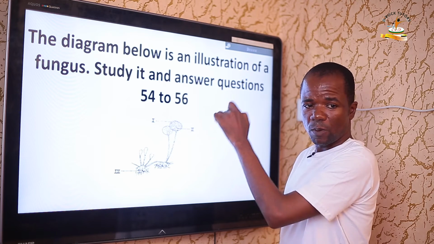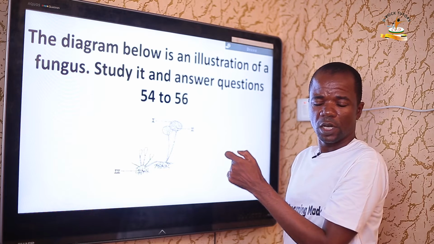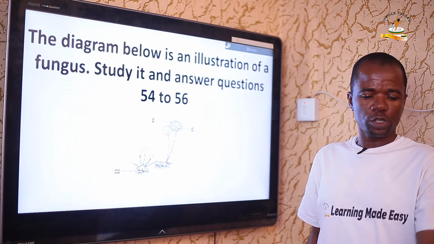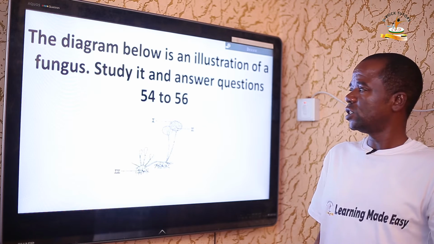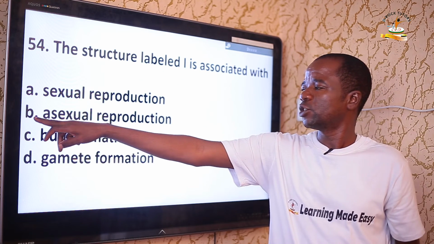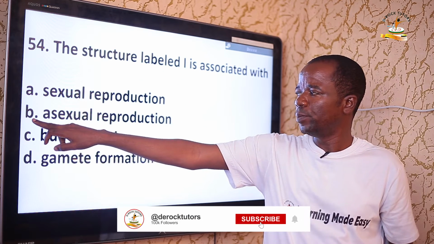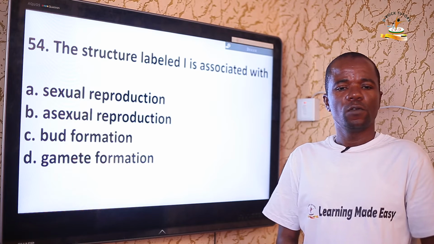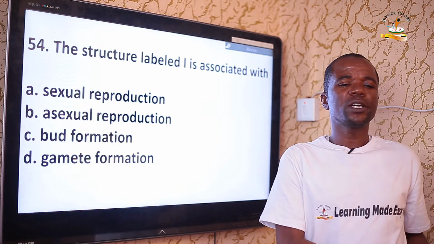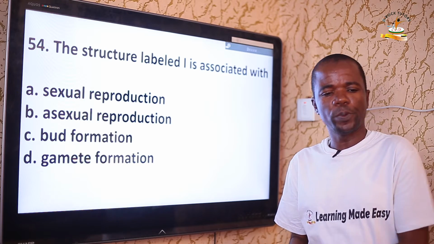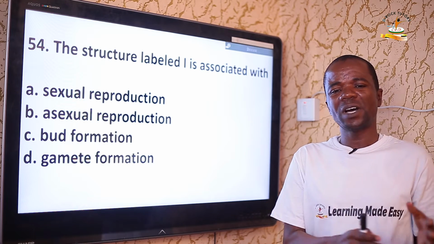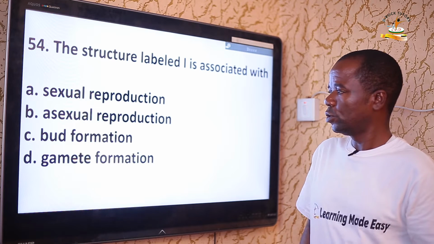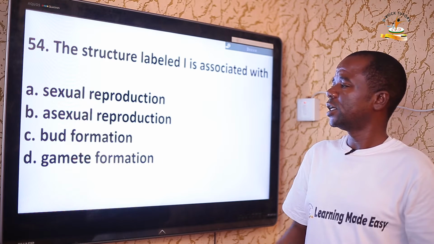And we know that sporangium houses the spores, and spores are concerned with asexual reproduction. So let's look at number 54 to see which option contains asexual reproduction. There it is. That's option B, asexual reproduction. Don't forget that fungus reproduces both sexually and asexually, but it reproduces asexually by sporulation. Even from the word sporulation, from spore production. So that's the correct answer, option B.